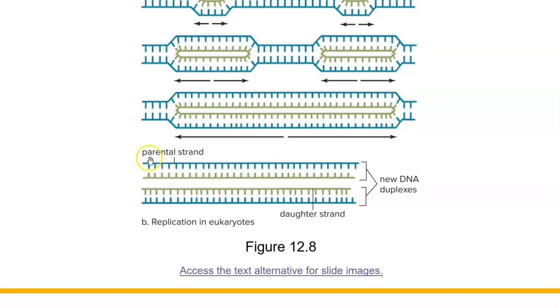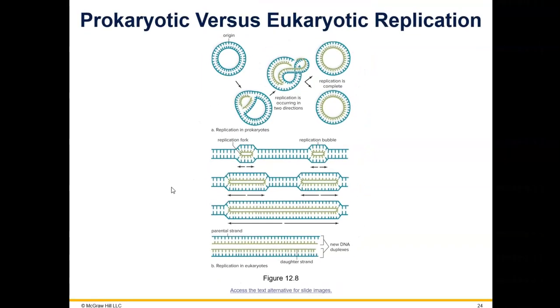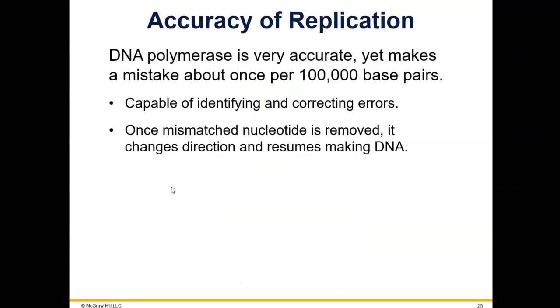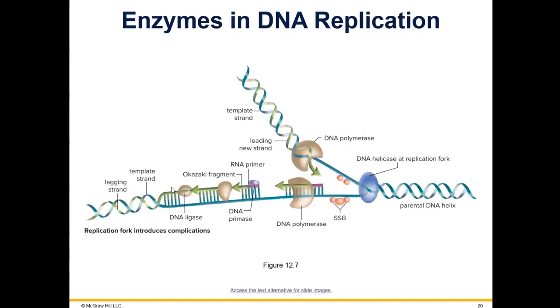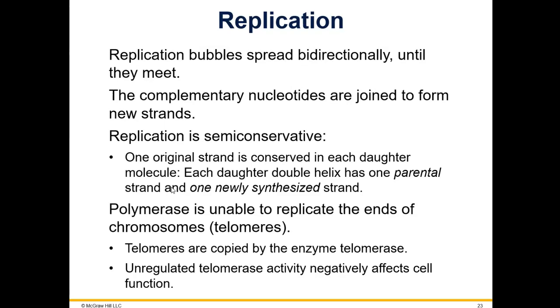And if we know the sequence of the parental strand, then we know the sequence of the new strand because it's complementary. Every time there's an A, it will pair with a T. If there's a T, it will pair with an A. C will pair with G, and G will pair with C. So we can always know the sequence of the new strand that's complementary to the parental strand.